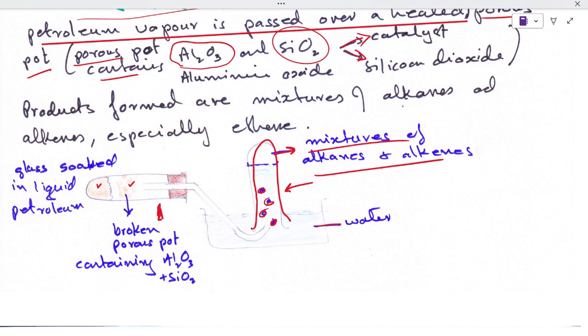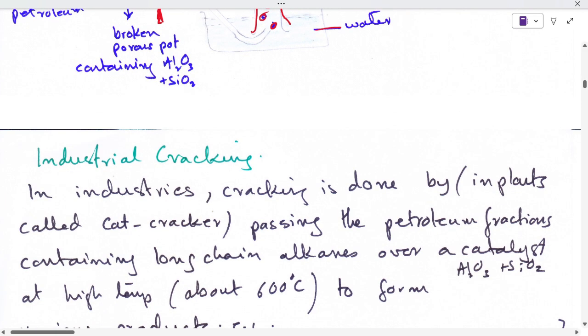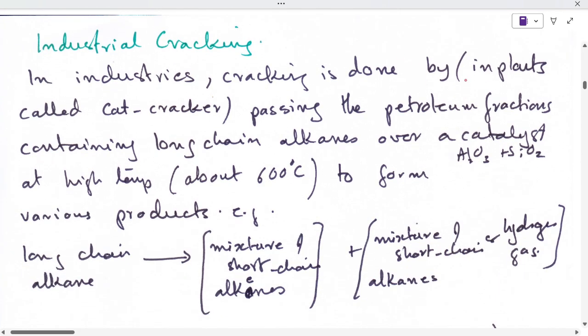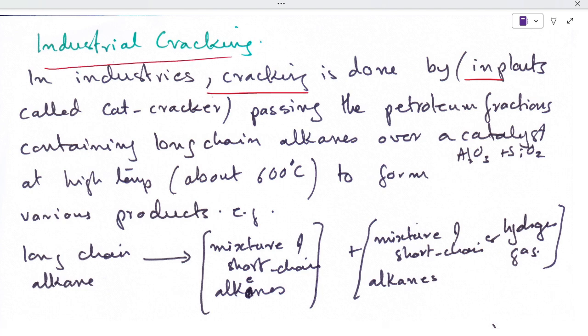Now, industrially, cracking of alkenes is done by a process known as industrial cracking. In industries, cracking is done, in bracket I have written, in plants called crackers.